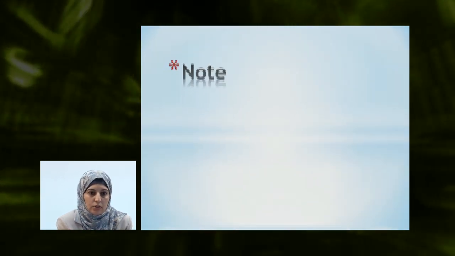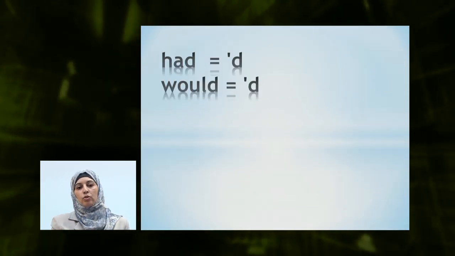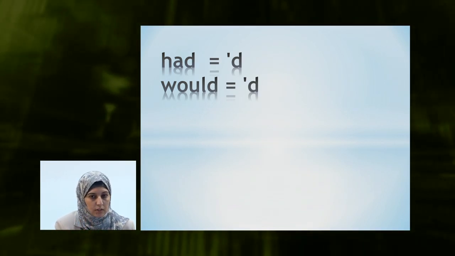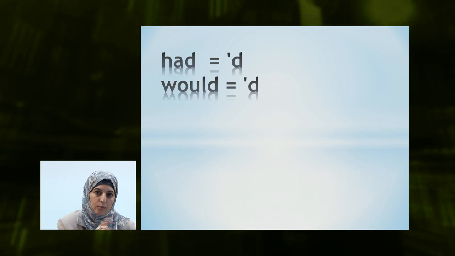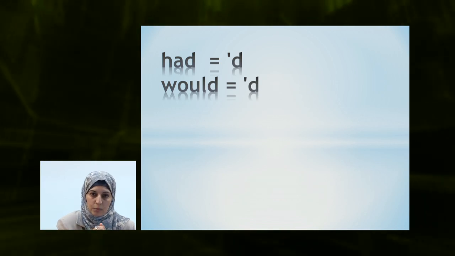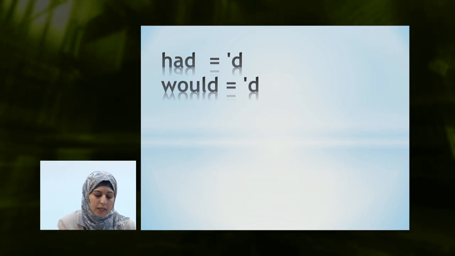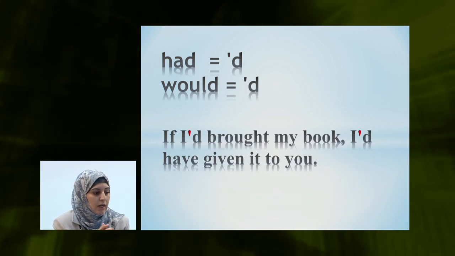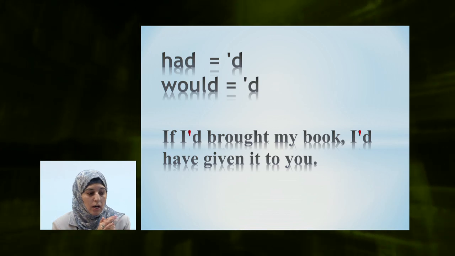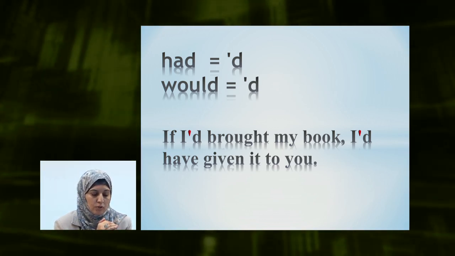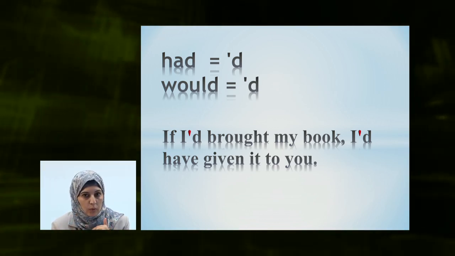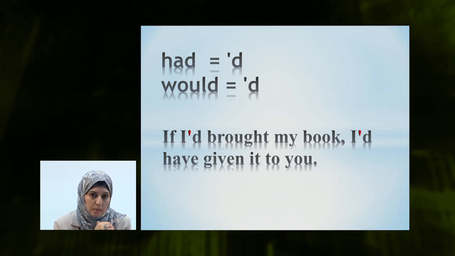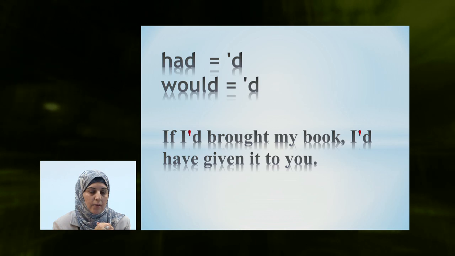Note here in conditional type 3 that the contracted form of had is apostrophe D, and the contracted form of would is again apostrophe D. It may be confusing if you find this sentence, if I'd brought my book, I'd have given it to you. So, which one is had and which one is would? Both of them have the same contraction.